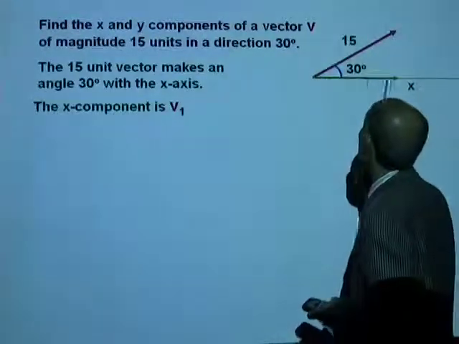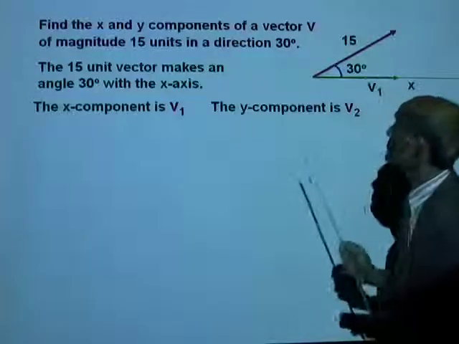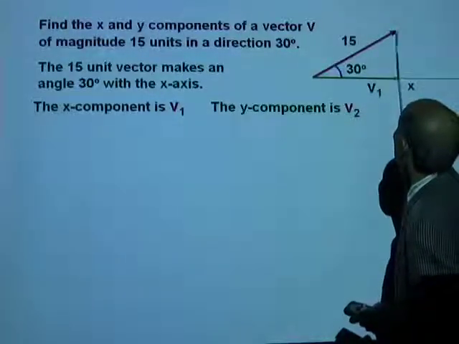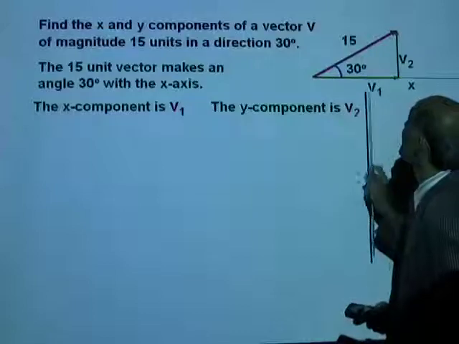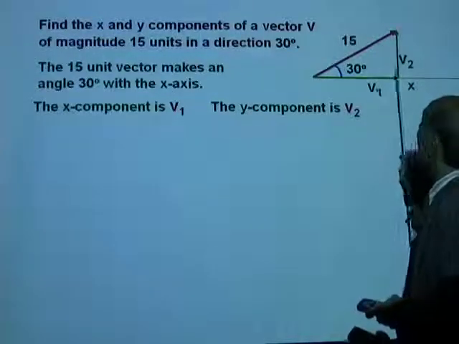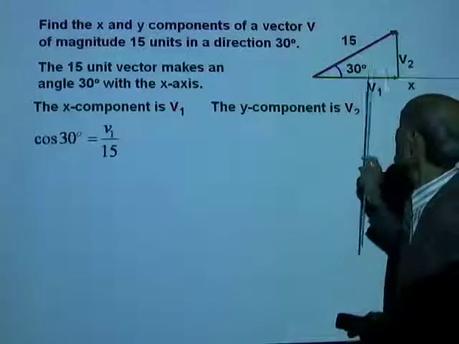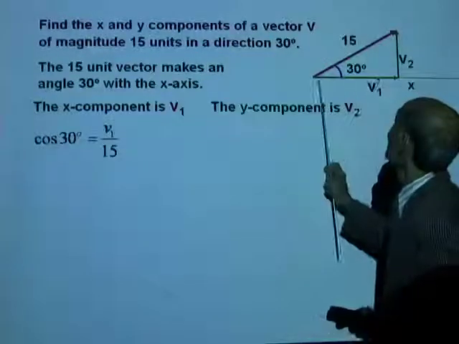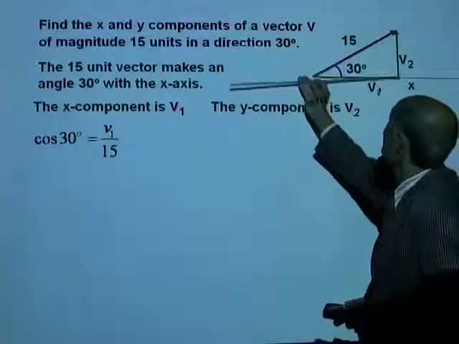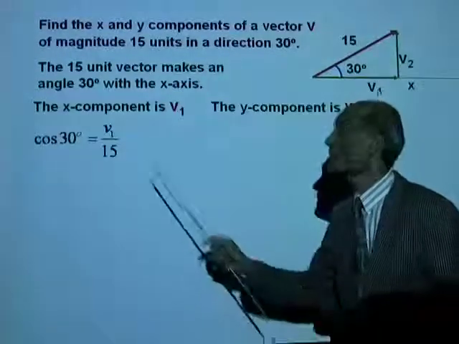v1 will be this vector. Let's also write the y component. If v2 is the y component, this will be v2. So this vector has the x component v1 and the y component v2. Alright, let's find the values of v1 and v2. In this triangle, v1 divided by 15 is cos 30 degrees.